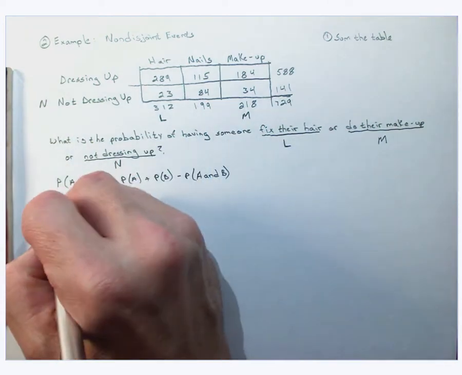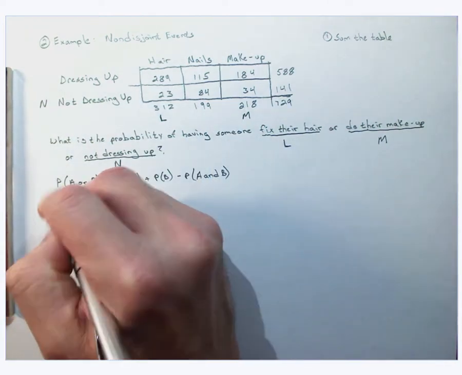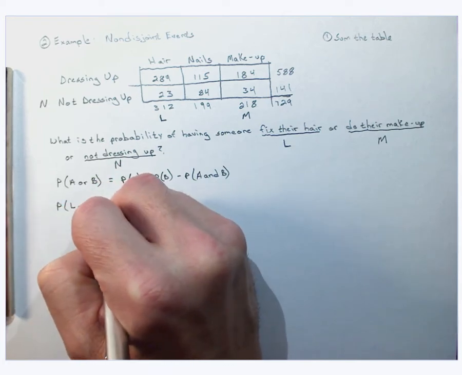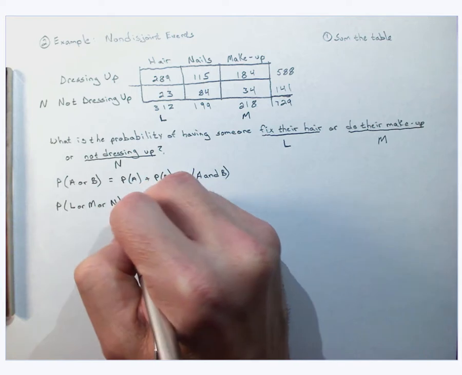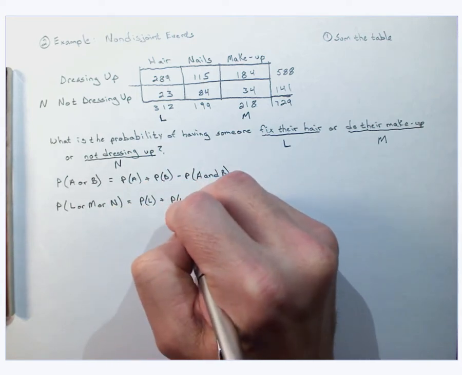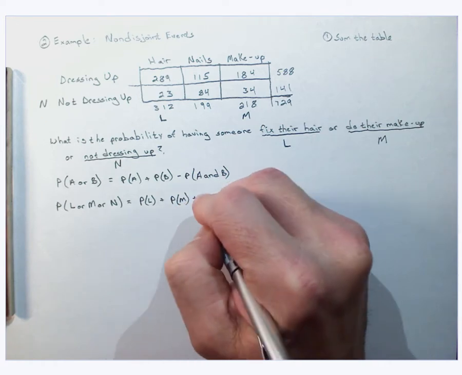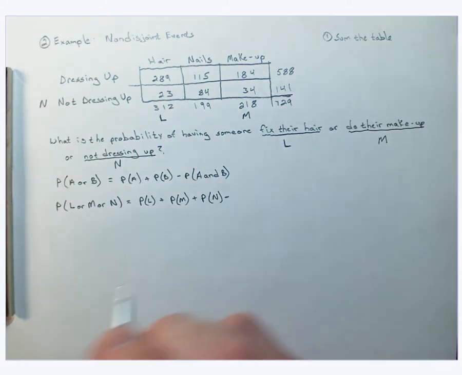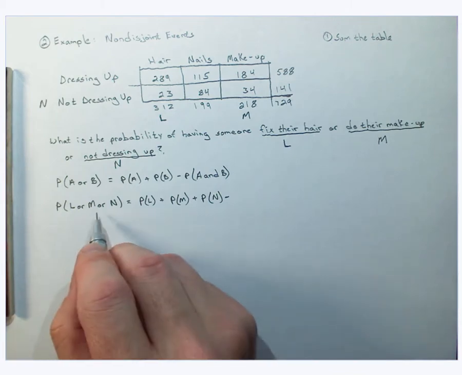Now I'm going to rewrite my formula with that so you can see it. So I'm going to have L or M or N. That equals the probability of L plus the probability of M plus the probability of N minus, I'm going to subtract all of those intersections that can occur.